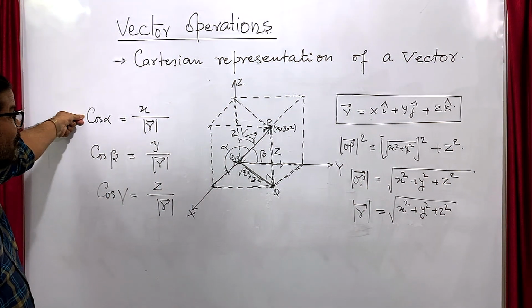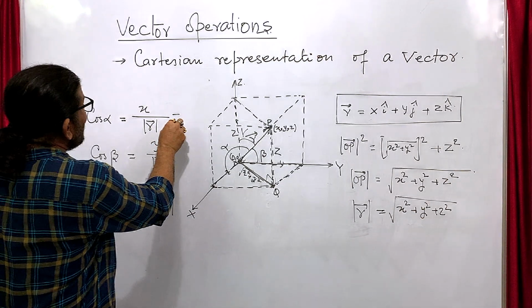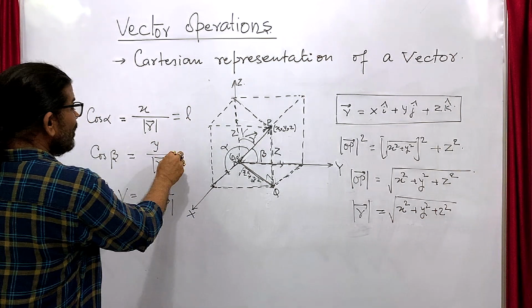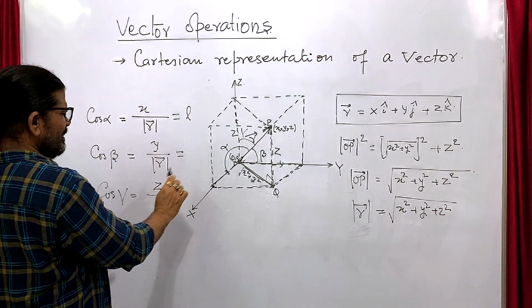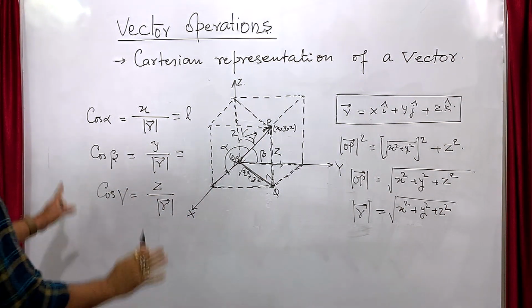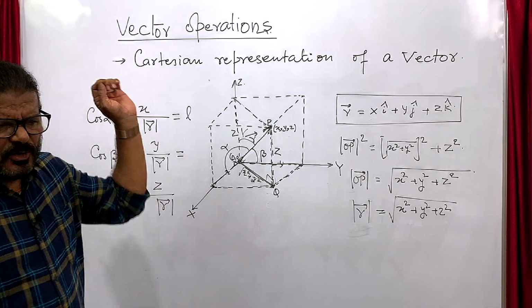Now cos alpha, we can also write as l, cos beta as m, and cos gamma as n. This has no use in physics, I am just writing it here for your information.